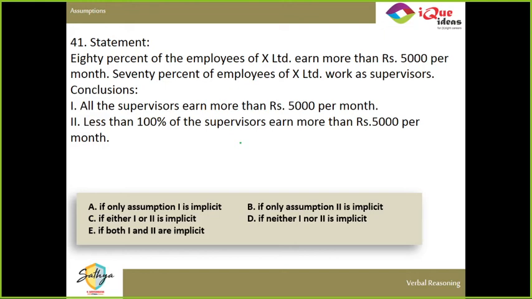Very interesting question. Do I say all supervisors earn more than 5,000, or less than 100% earn more than 5,000? Which one?